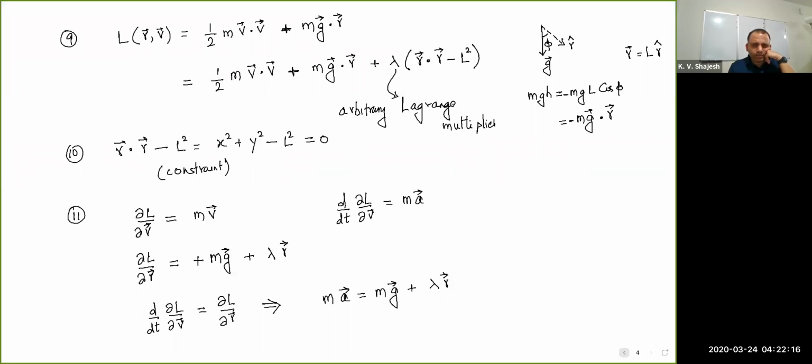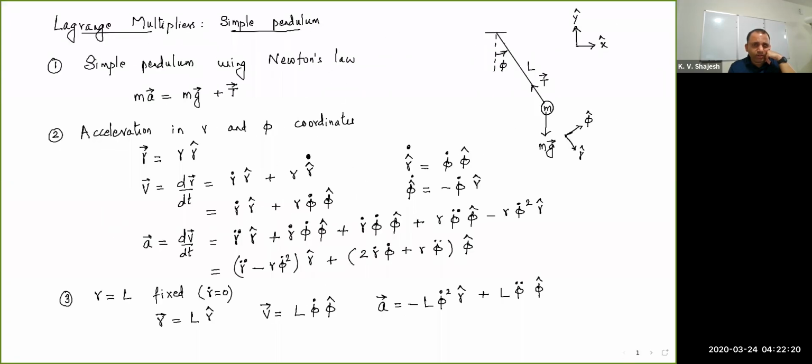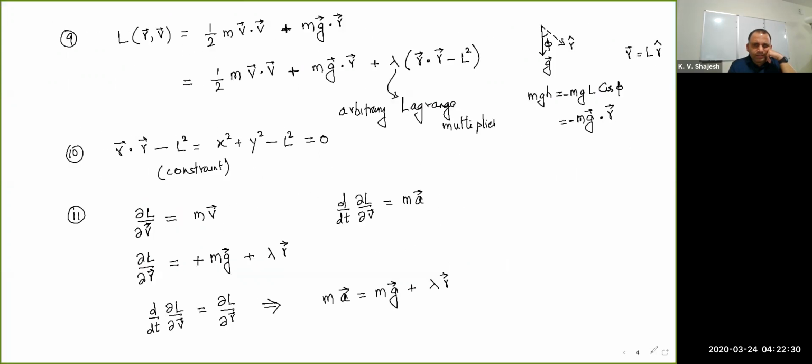But now compare this with Newton's law, the first equation that we wrote down: mass times acceleration is equal to the sum of the two forces. So it seems like the Lagrange multiplier lambda term somehow fixes the force of tension.